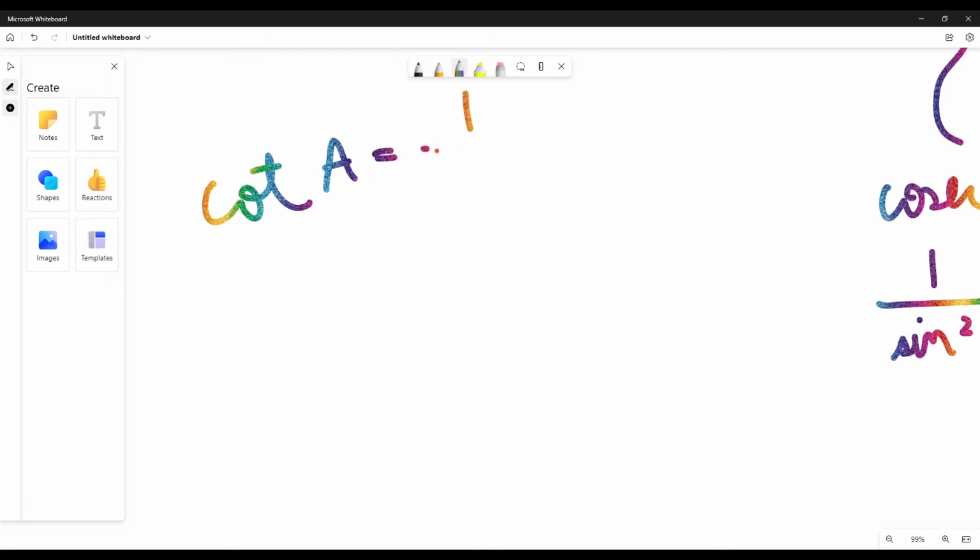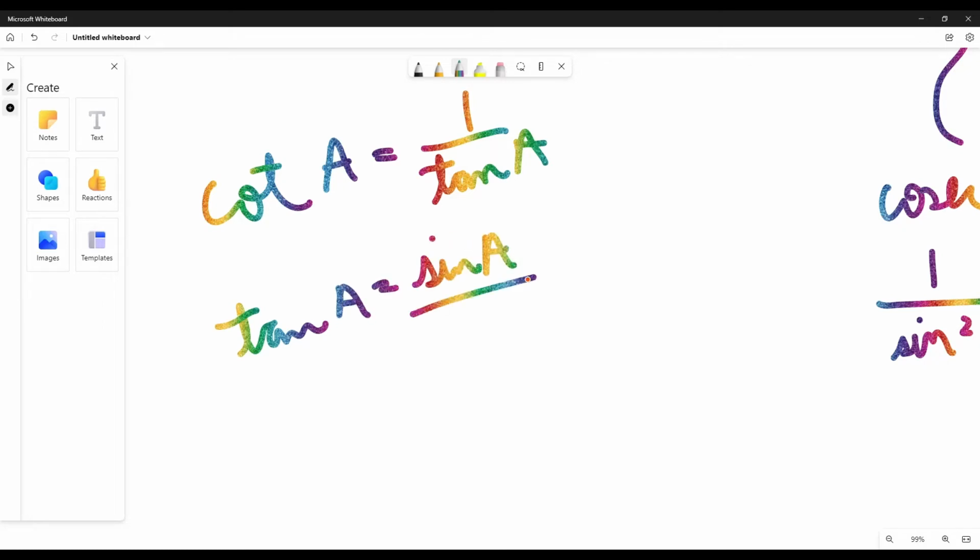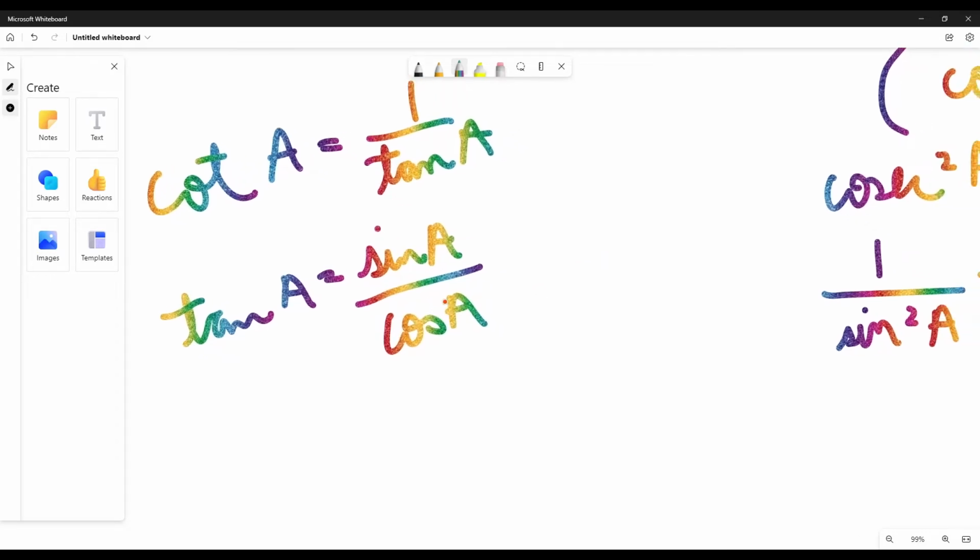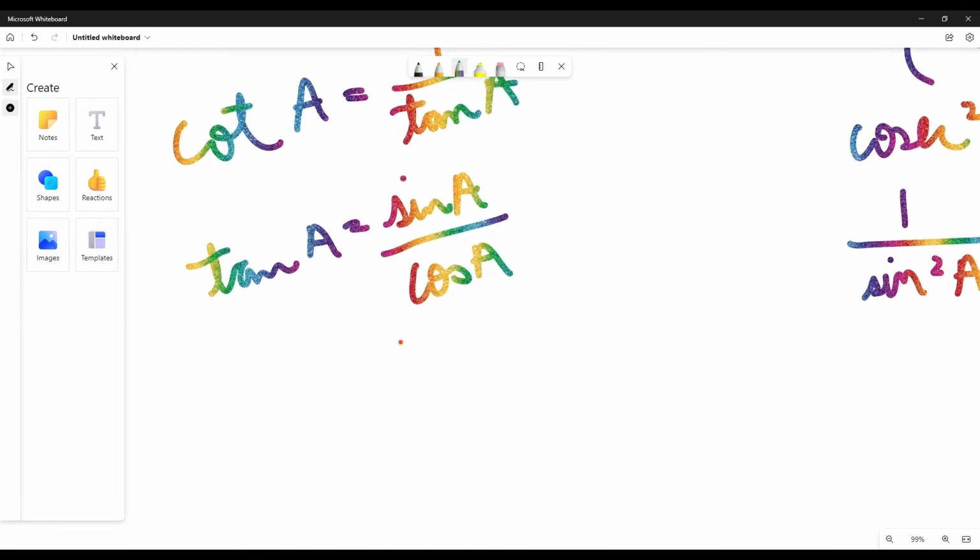Then we have, what is cot a? We know cot is the reciprocal of tan, and we know tan a is sine upon cos a, in terms of sine and cos. So implementing this, it would be 1 upon sine a upon cos a.